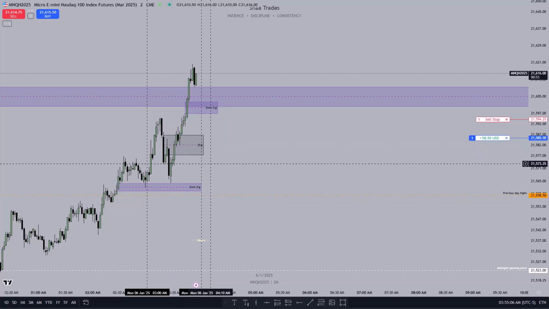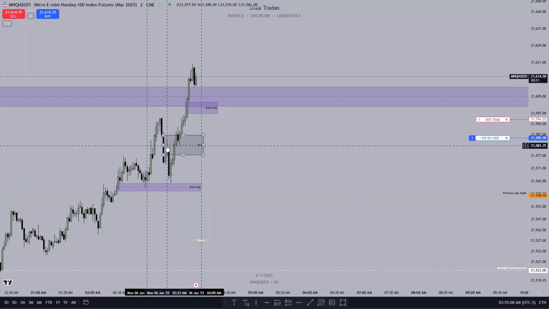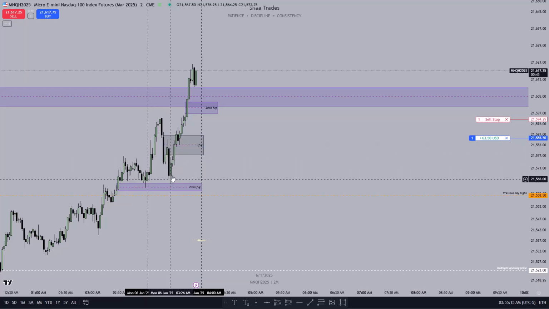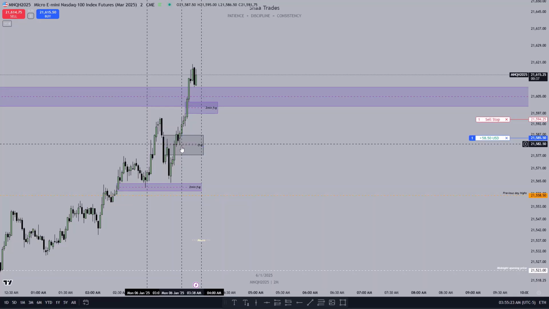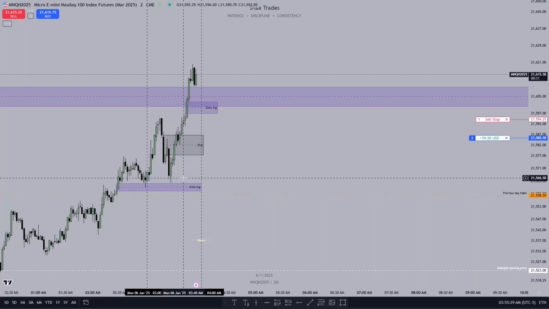As I mentioned in the video, if price went up here and I'm looking for price to respect it and go lower, I don't want to see price come back up here. It could do it and then reclaim that fair value gap and go back lower, but I don't want to see it.